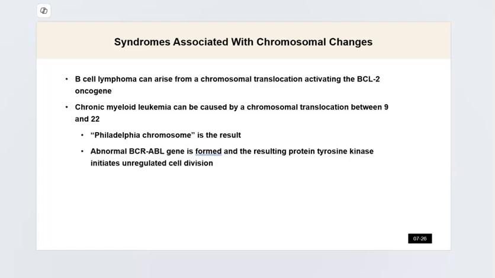Then you get the abnormal BCR-ABL gene, and that results in the protein tyrosine kinase activation and causes unregulated cell division. And your book or your videos talk about that as well.